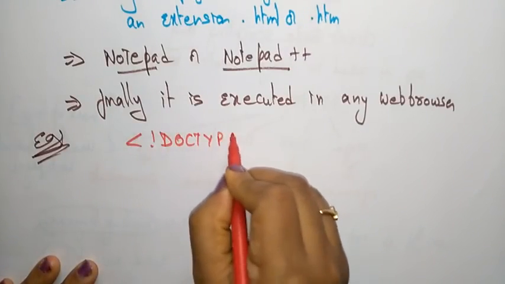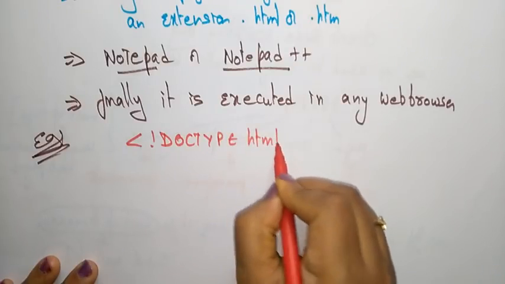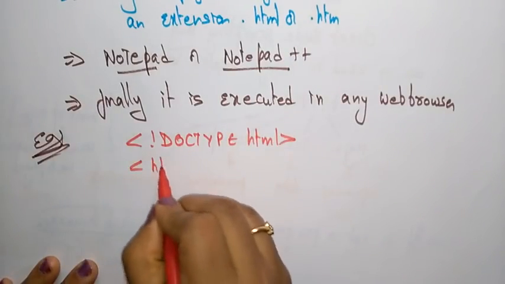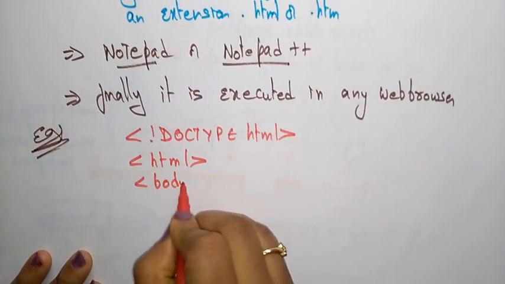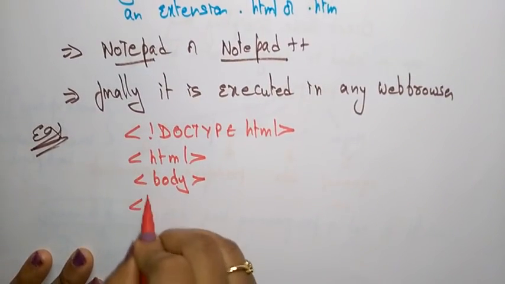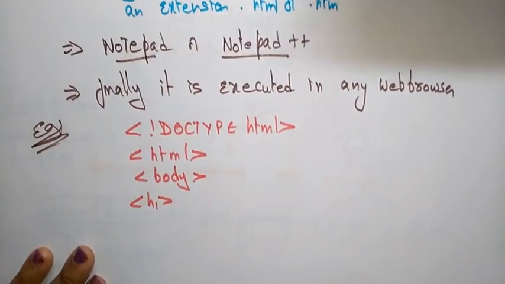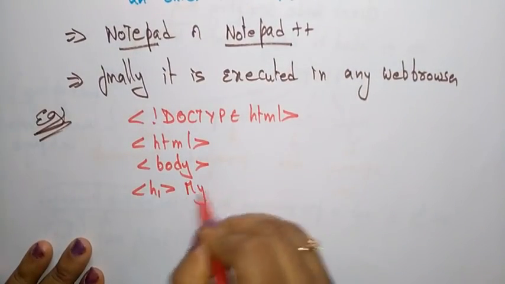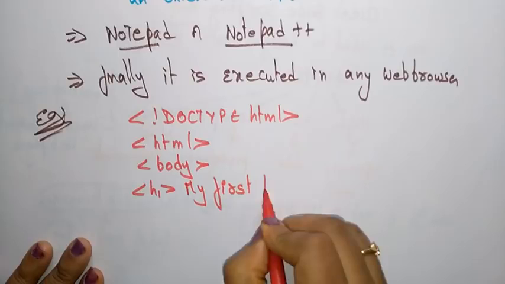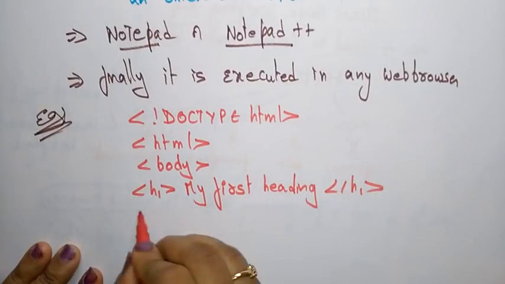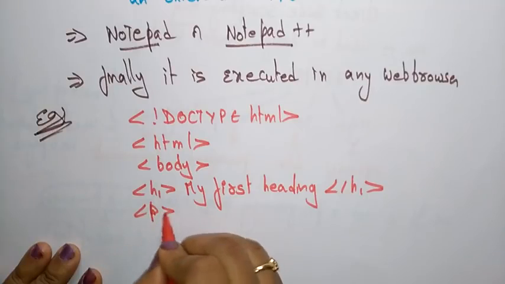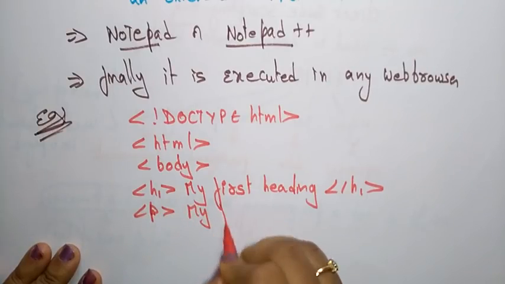Doctype HTML. First, let me write the program. After that, I'll explain what exactly these tags are. My first heading, and then this is one of the tags, paragraph, my first paragraph.